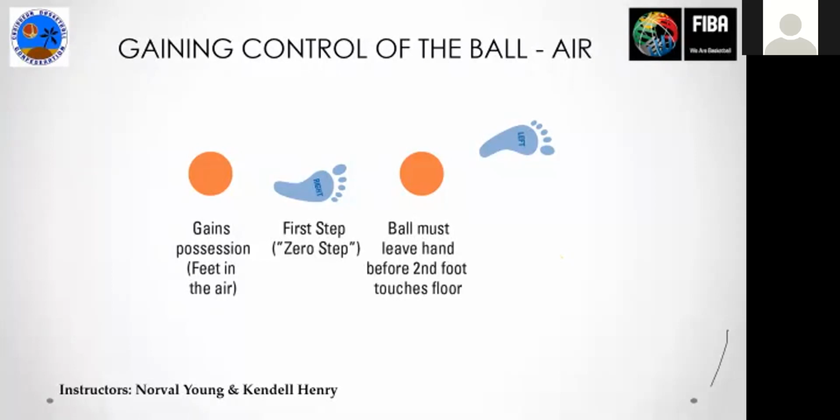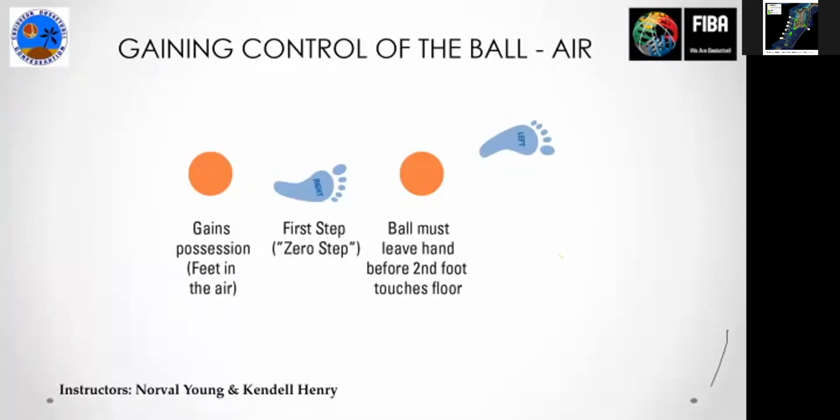So if in gaining possession in the air, he lands on his right foot, before he steps with that left foot, he must release that ball from his hand, or that will be a travel. Because gaining possession in the air basically would represent 0.